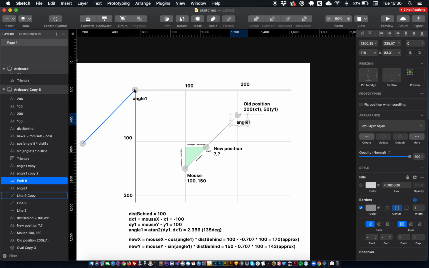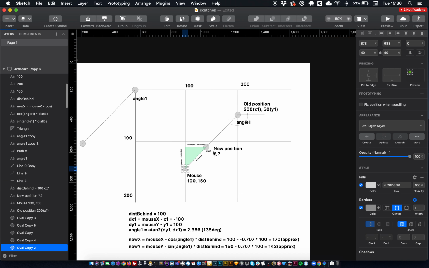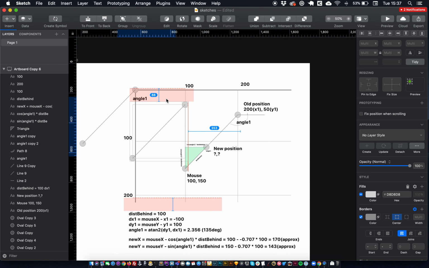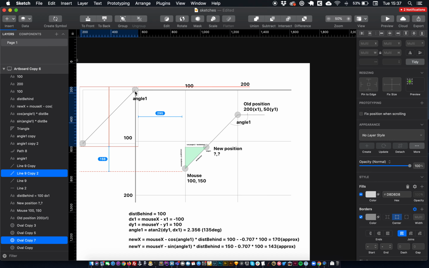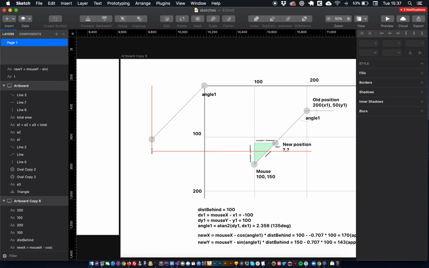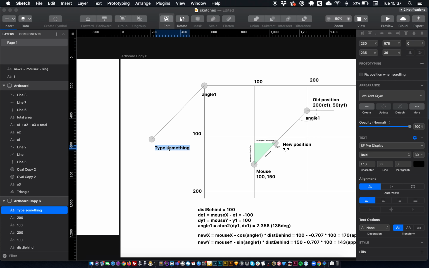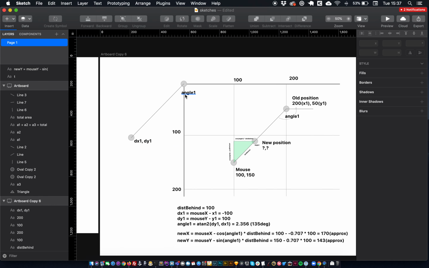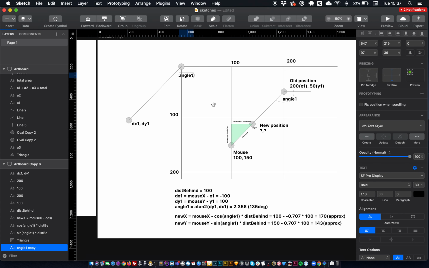Essentially what we've done here is copy over this line and this position and dump it there so that we can find our dx1, dy1 positions. Then we can figure out what this angle is. So that's what we're doing.